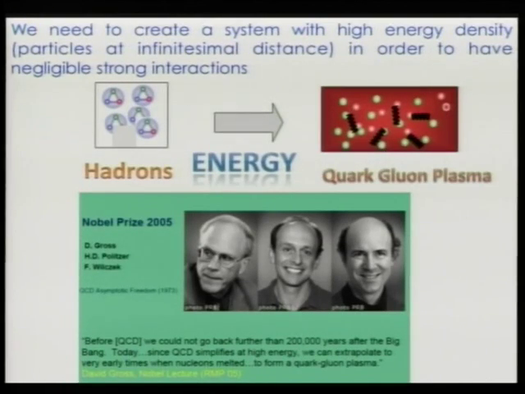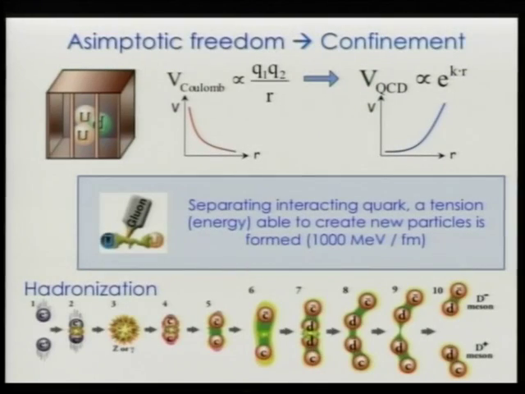And so what does it mean? To create the system at the beginning, where all the quarks and all the gluons, this plasma, were at the beginning of the early universe, we have a negligible strong interaction. So we have to put all these quarks and gluons together to have this potential close to 0.